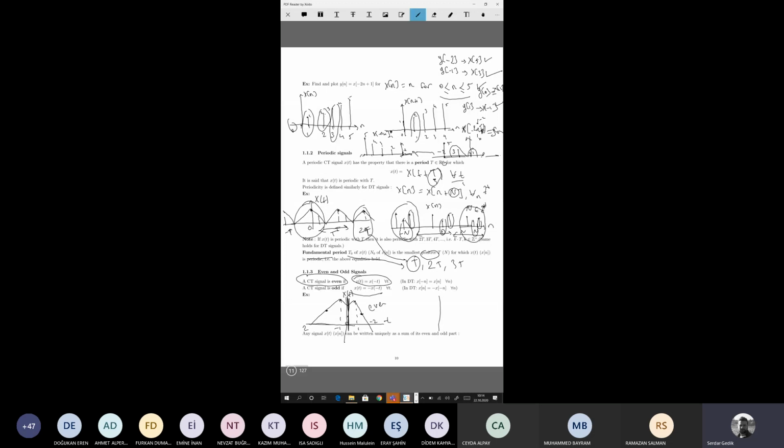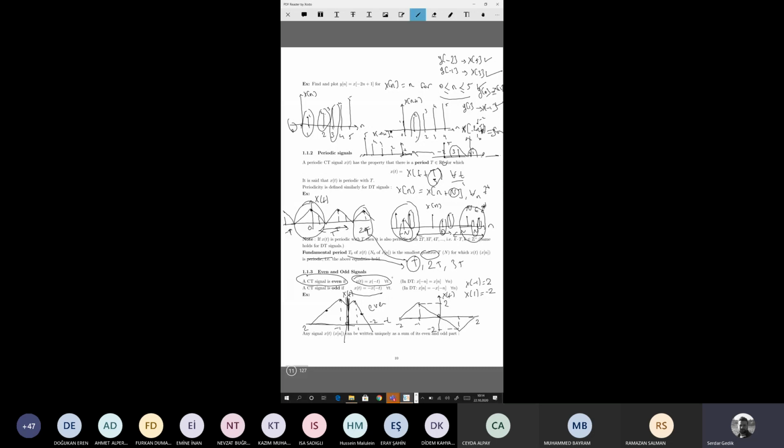What about an odd signal? Let's draw an odd signal. This is -1, this is +1. Let's say this is 2, this is -2. So x of -1 is 2, but x of +1 is -2.